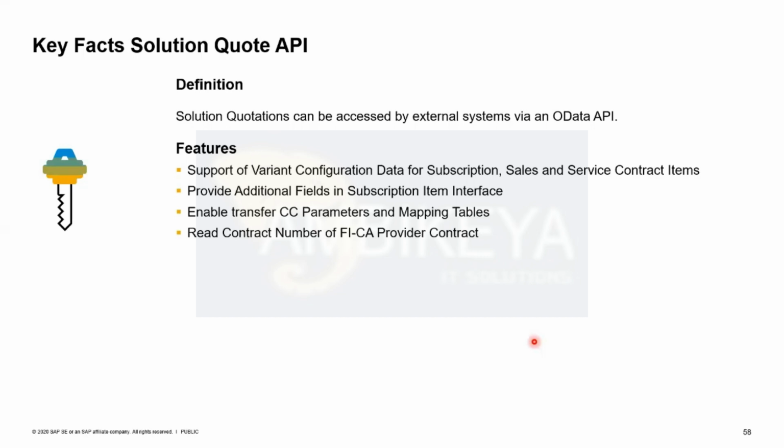Okay, so variant configuration as such is supported, but it won't go through the usual validations of whether the characteristic and a value exists in the system or not. It will just take these fields, store them in the database, and use them for follow-up processes.